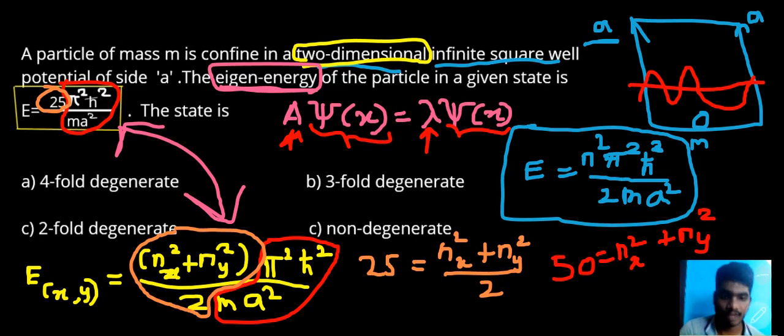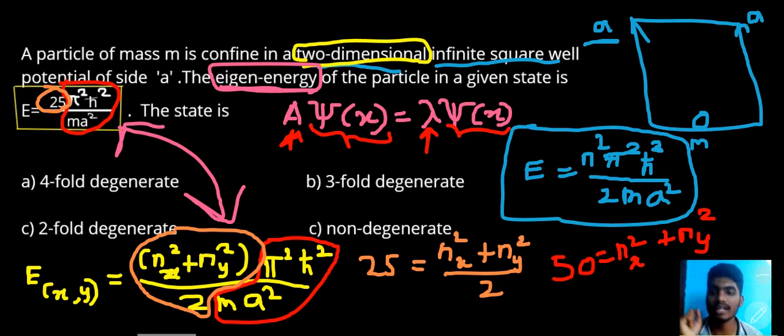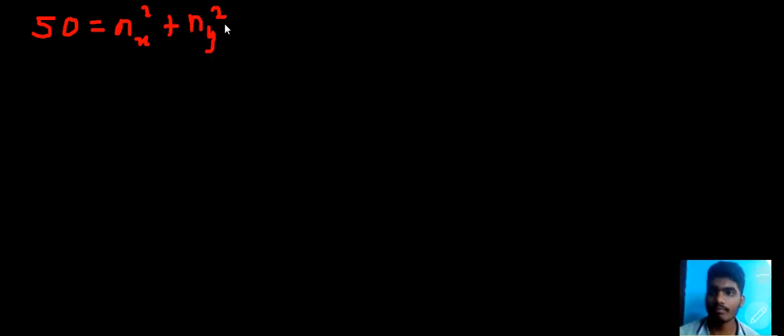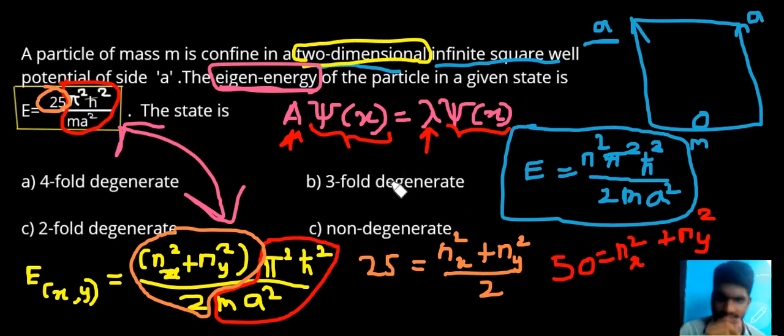Now we have to find the wave function, the x-axis and the y-axis, the quadrants. To find the quadrants, I'm moving to the next page. So the equation we got finally is E equals n_x squared plus n_y squared. We derived this formula using the Schrodinger wave equation.